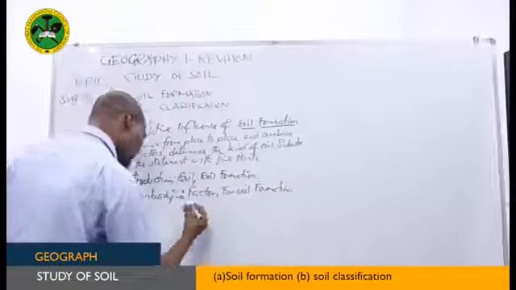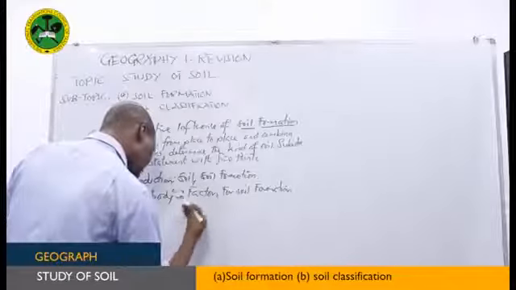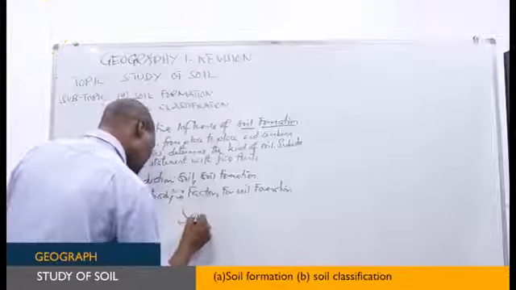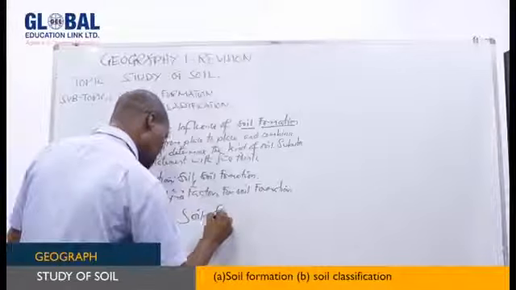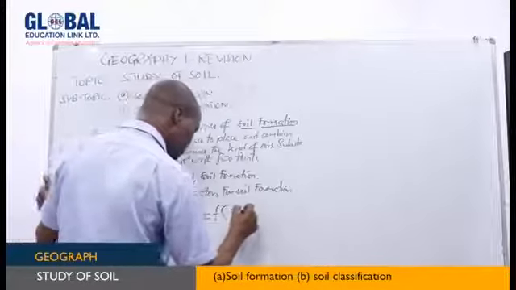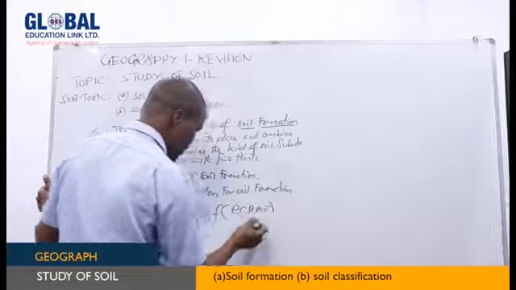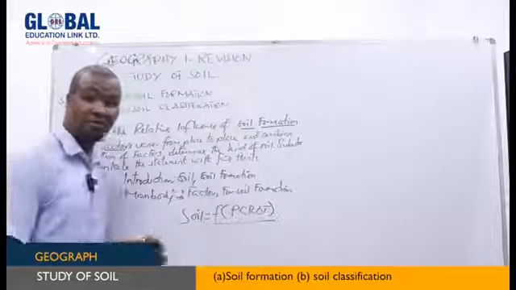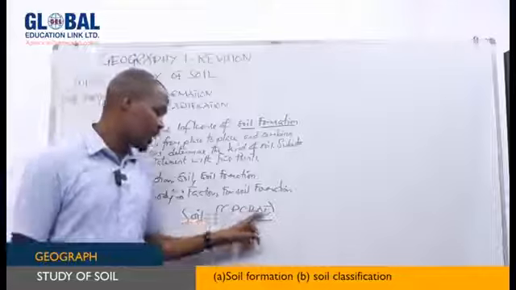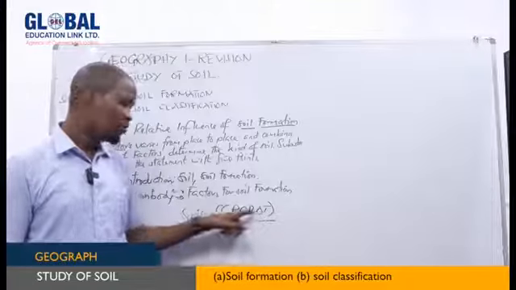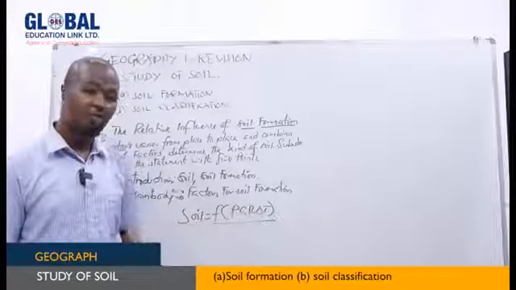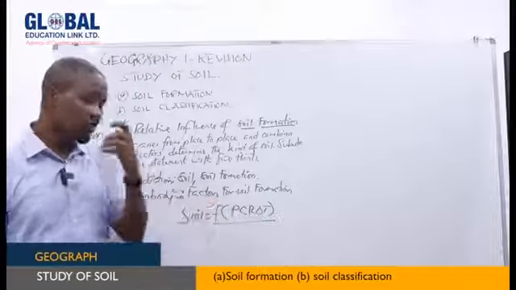We know soil is a function of parent rock, climate, relief, organism, as well as time. So these are the 5 factors for soil formation.